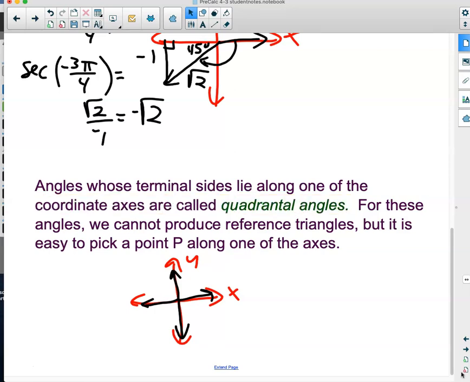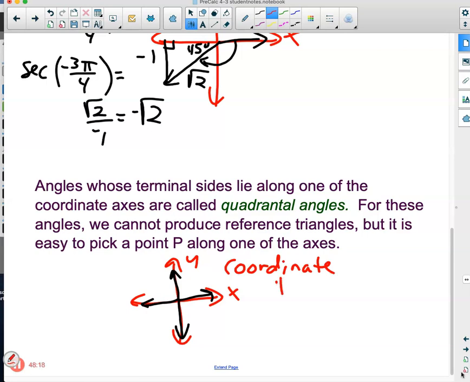These are the ones we definitely have to use coordinate trig for. So this is where we have to know y over r, x over r, y over x. So for these angles, we cannot produce reference triangles. But it becomes really super easy to pick a point P along one of those axes.